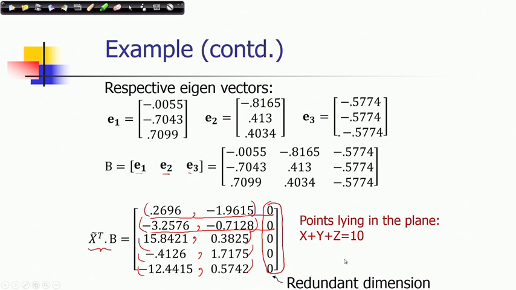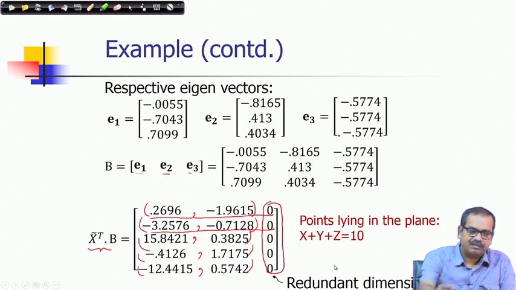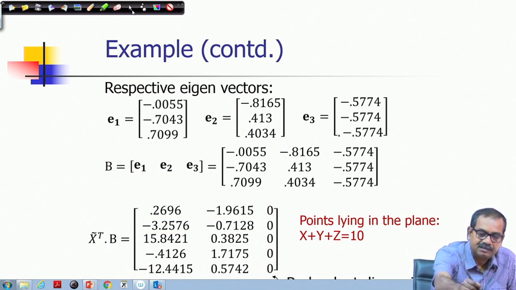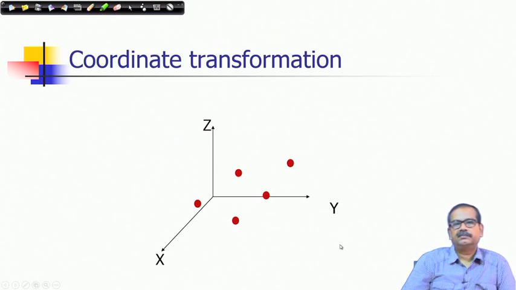In fact, if you note the point set what I have given, they are lying in the plane x plus y plus z equals to 10, and that is why since they are lying in a 2-dimensional plane, through principal component analysis, you could find out the plane where they are lying.